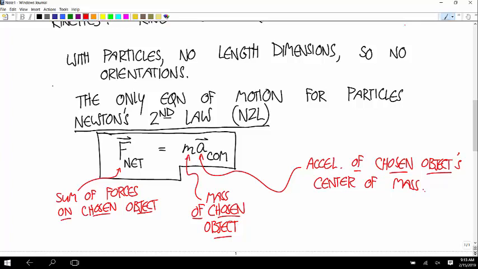So this idea of what your chosen object is going to be crucial to all of this. And that's where free body diagrams come in.